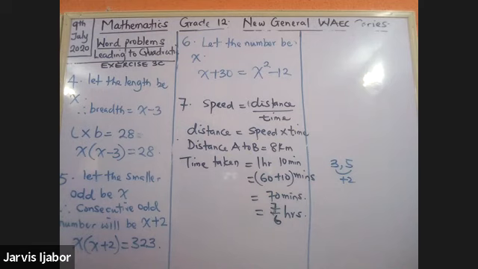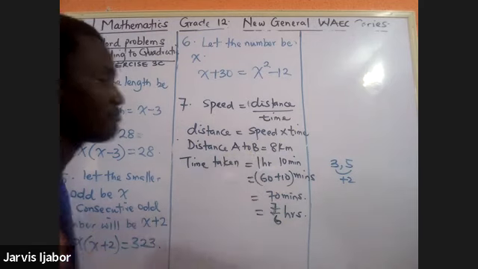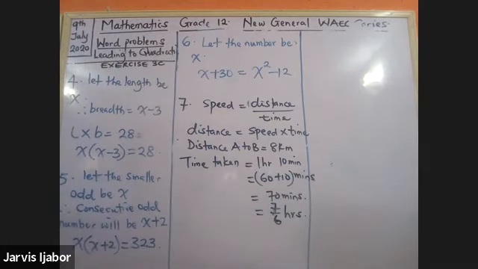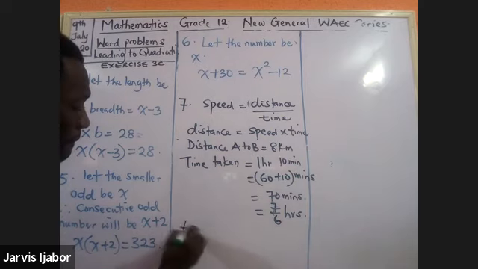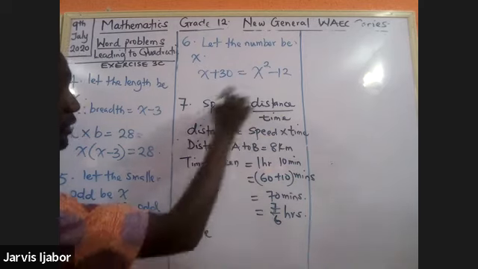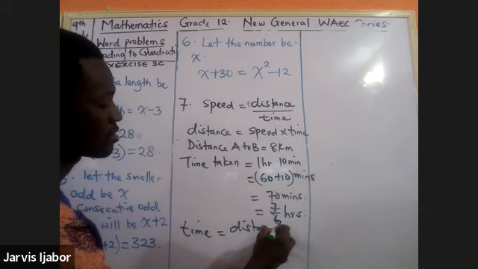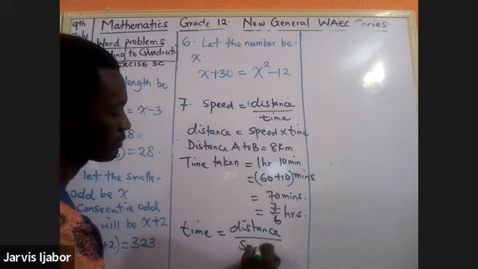All right. Now, the distance is the same. So the description we have here, we need to see what it will look like. Time will be equal to distance over speed.